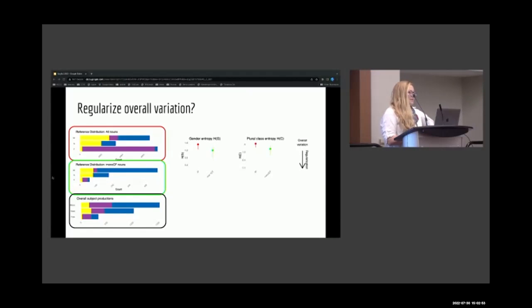First question is, do they regularize overall variation in either gender or plural class? So for gender, this is a box plot, and you can see that the majority of the speakers appear to produce a distribution over gender that is actually pretty consistent with both of the reference distributions. And when we look at plural class, it's a little bit different.